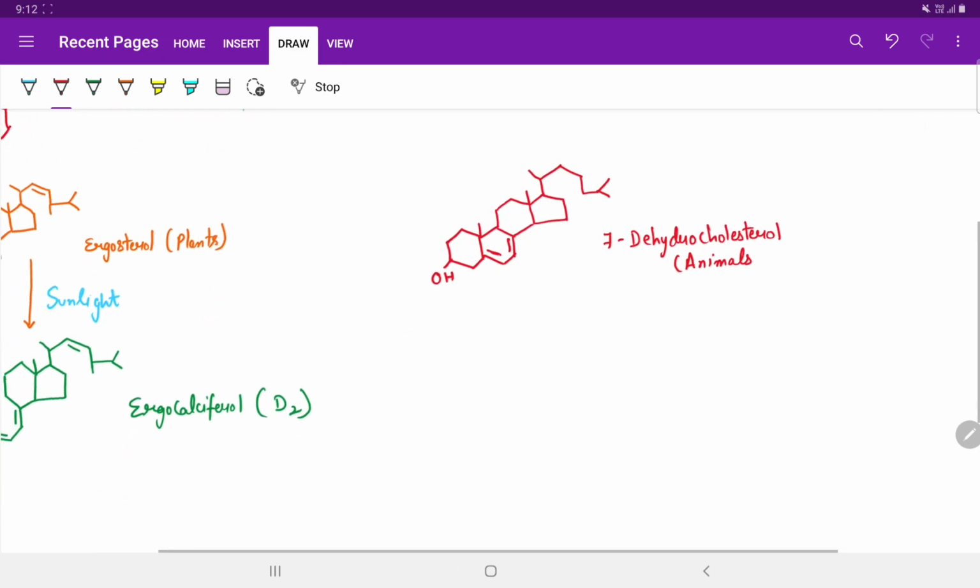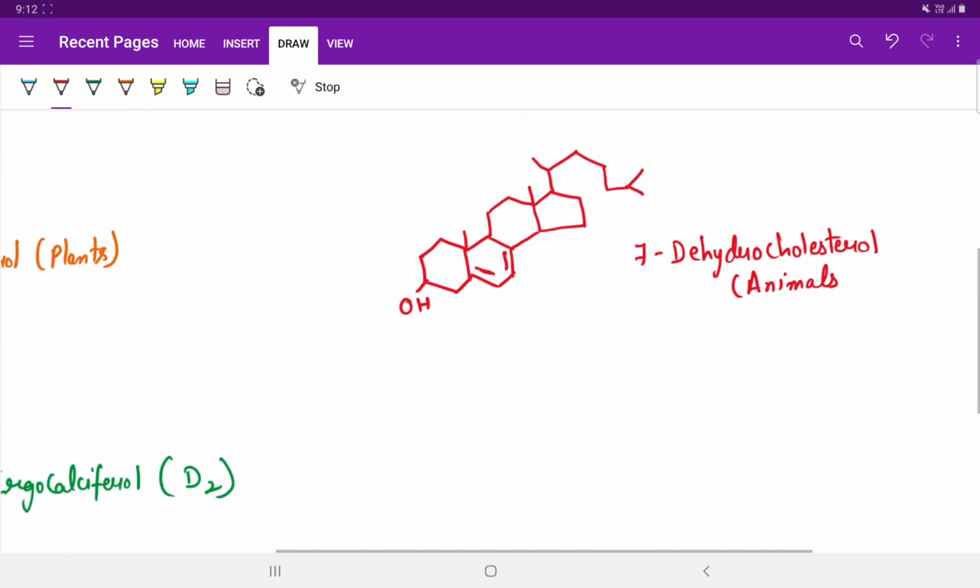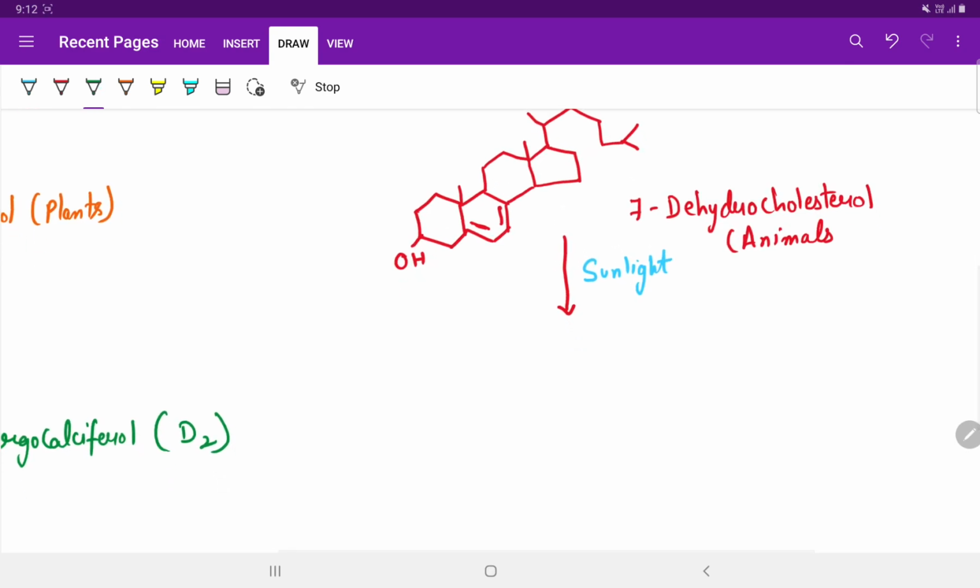Now again there will be the opening of the B ring structure in presence of sunlight, and this will lead to the formation of vitamin D3 known as cholecalciferol. So now a cholecalciferol molecule will be formed.